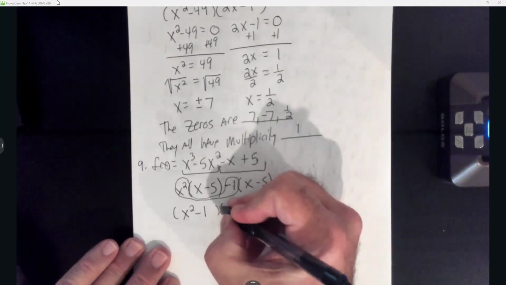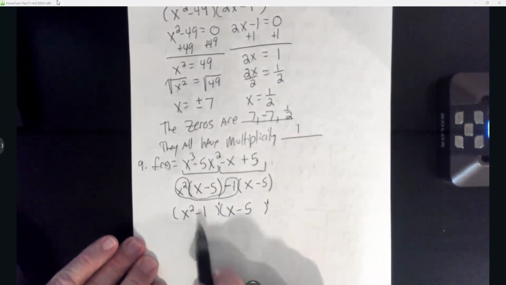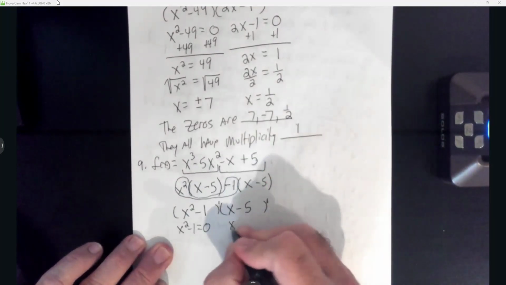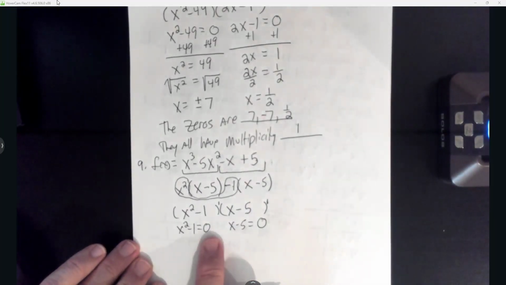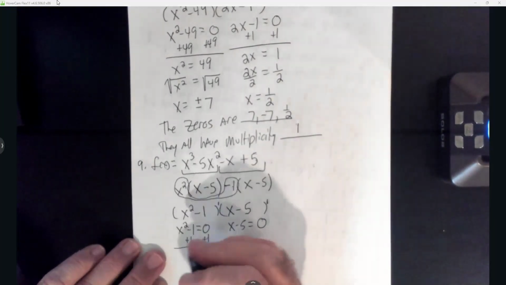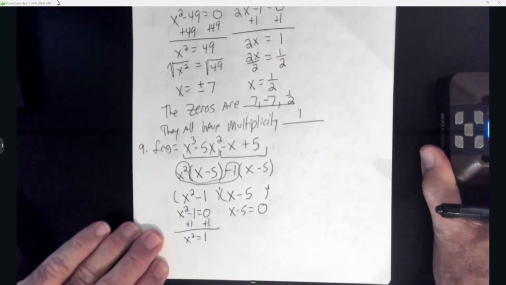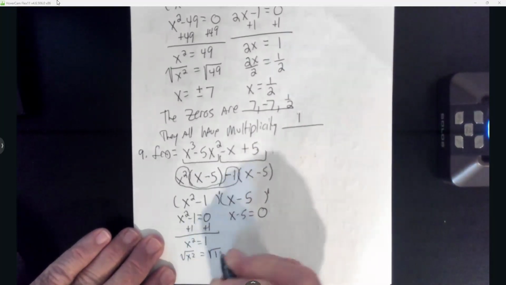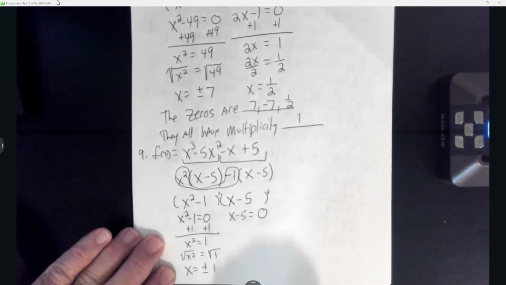All right, so at this point, I said these both had a multiplicity of 1. And then I just set each of these equal to 0. So this one, I would add 1 and do square roots, because y'all, that's giving me 2 of my answers. Right? So let's do the square root of that. And that's going to give me x is a plus or minus square root of 1, which is 1.